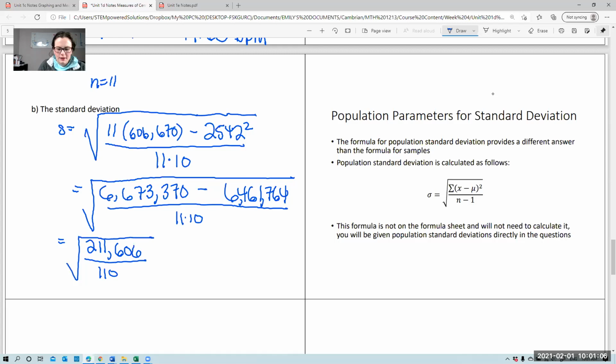So 211,606 divided by 110 equals 1,923.69, and this is equal to the square root of that. So the square root of the answer equals 43.86.